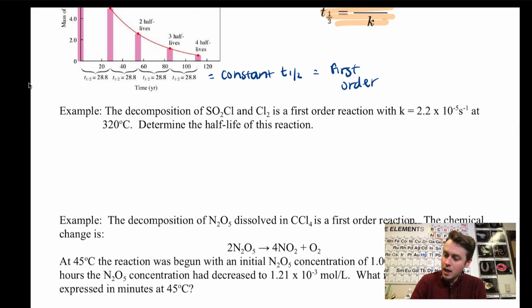Here we have that the decomposition of SO2Cl2 into SO2 and Cl2 is a first order reaction with that k, and we want to determine the half-life of this reaction. So we're just going to use that formula.